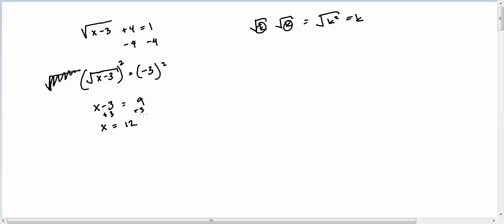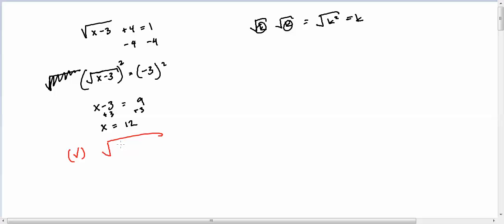Now there is a caveat: you need to make sure that you check your work, and that's really important. So I'm going to put a little check box here and check the work. Let's plug 12 into our original equation and see if we get an answer. I plug in a 12 wherever I see an x.